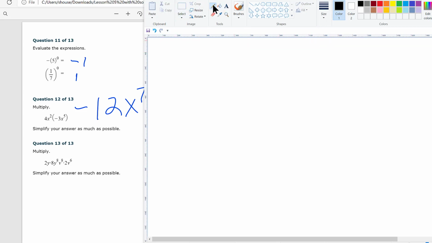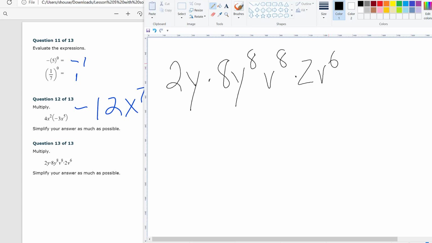Number 13, 2y times 8y to the 8th, v to the 8th, times 2v to the 6th.